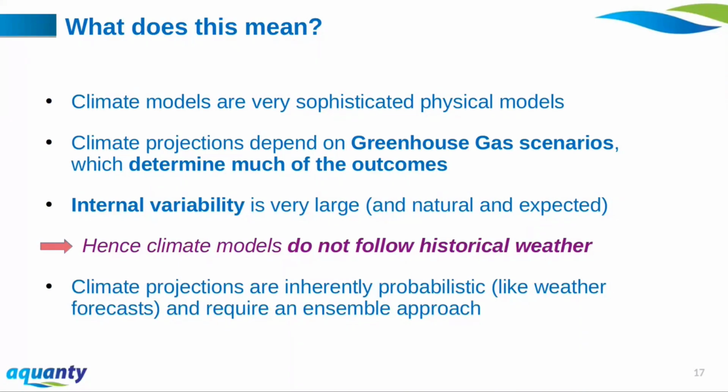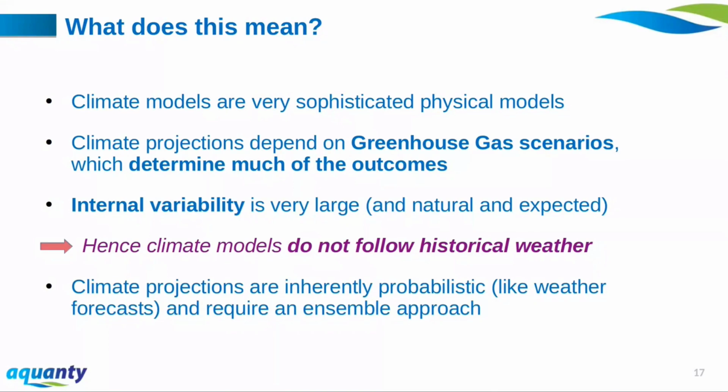A corollary to that is climate models do not follow the historical trajectory of weather. This is often a misunderstanding. So when you're looking at the output from a climate model over the historical period and you compare this to the historical record of weather, it will be somewhere in the same ballpark and the distribution will be similar.